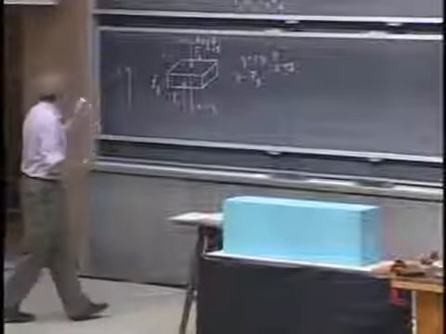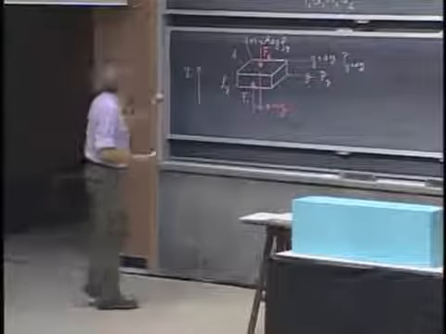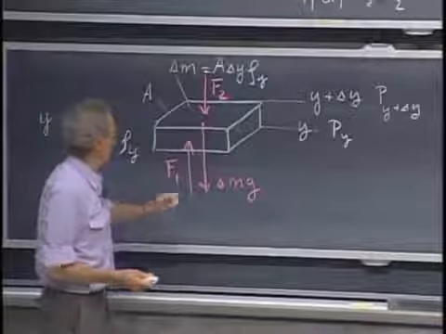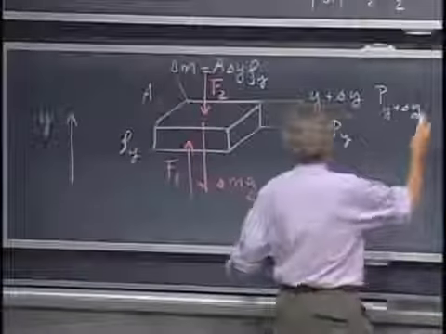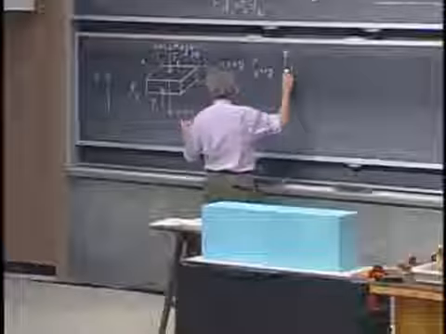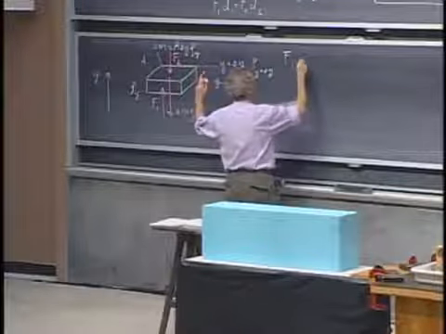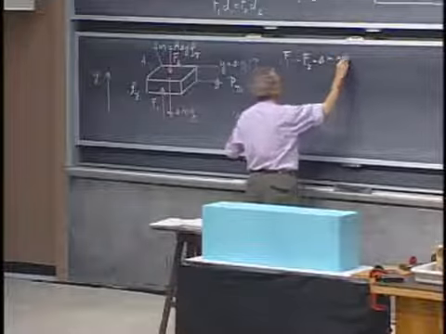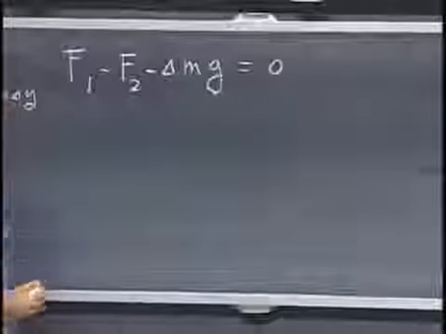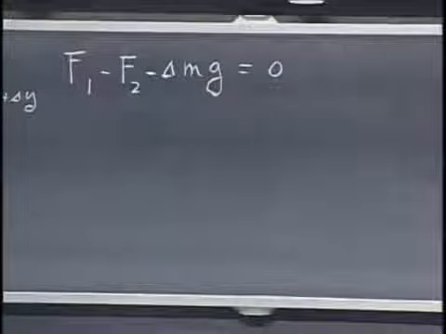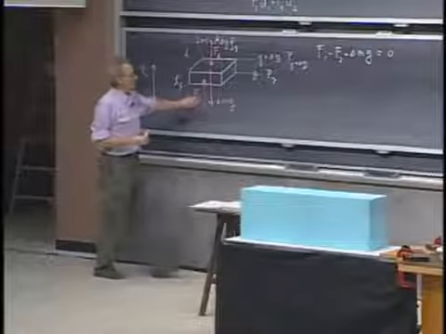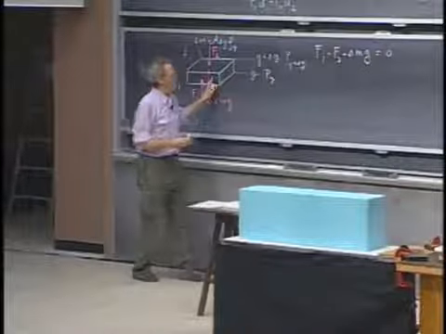So now there has to be equilibrium. This fluid element is not going anywhere, it's just sitting still in the fluid. And so I now have that F1, which is in this direction, minus F2 minus delta m g must be 0. Only then is the fluid element in static equilibrium. But F1 is this pressure times the area.